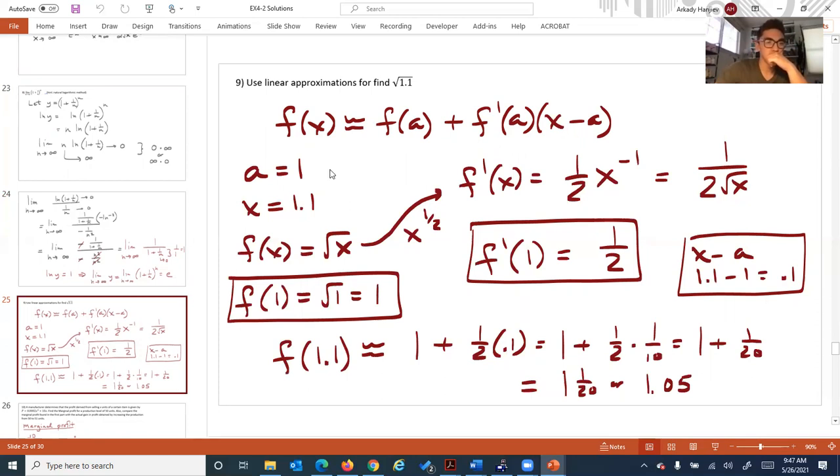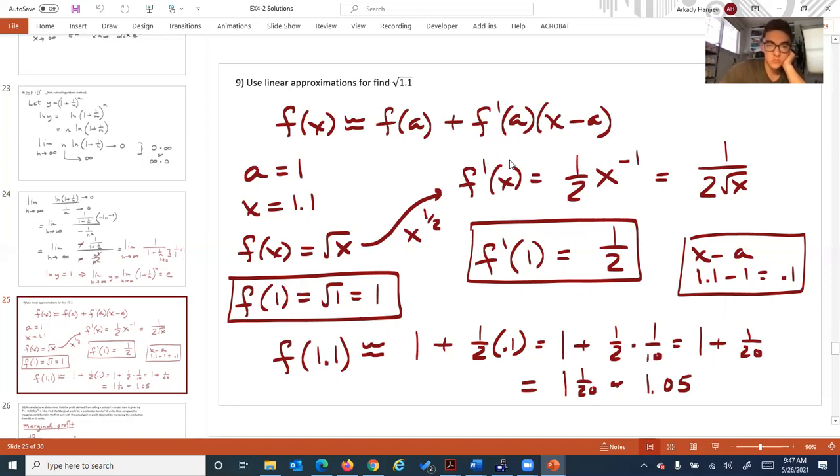So once you establish what a is, the difference is 0.1 instead of 1.1. X is 1.1, therefore the difference between the two is going to be 0.1.